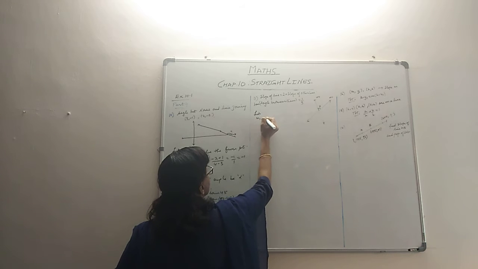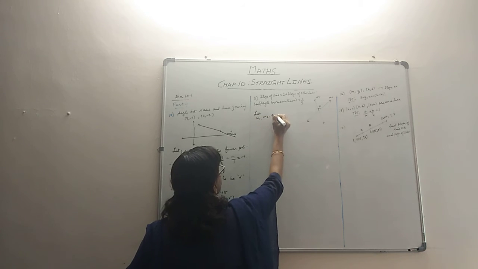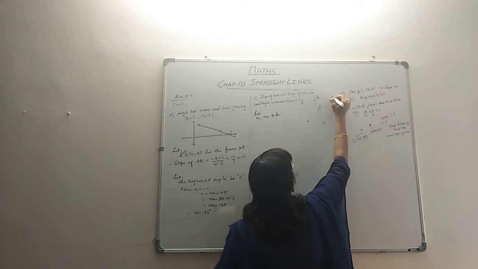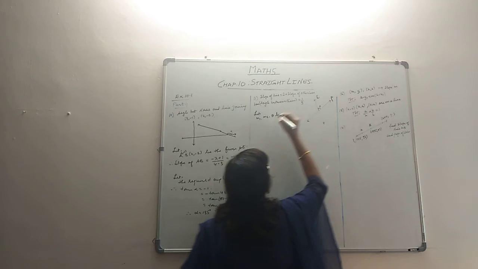You cannot call them m1 and m2 for the lines. You can call them L and P or whatever.